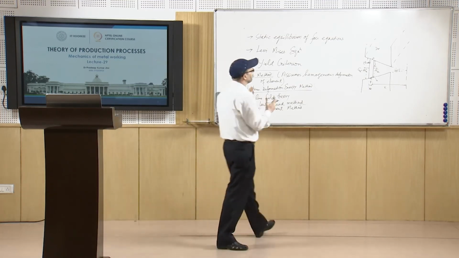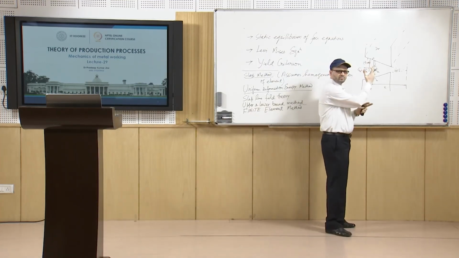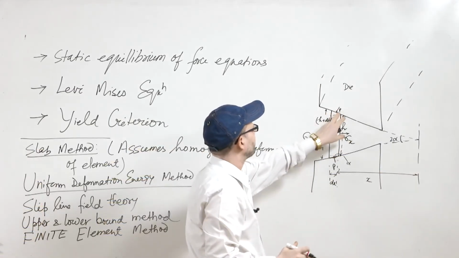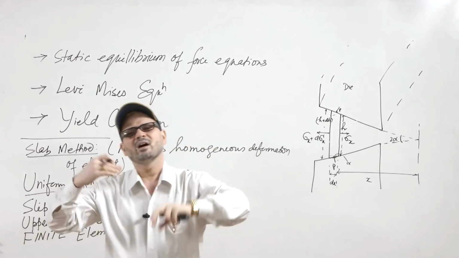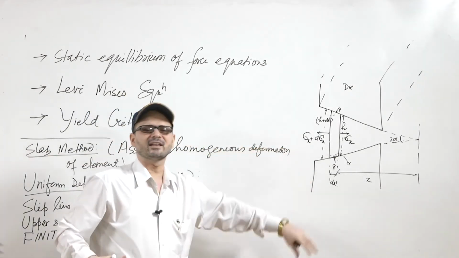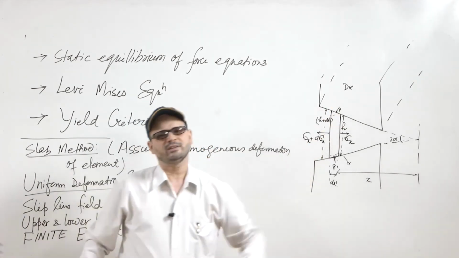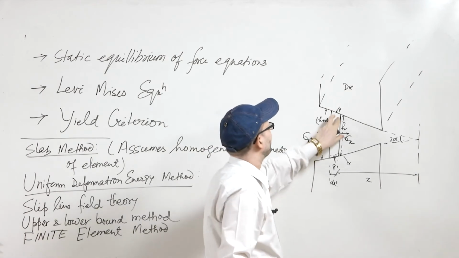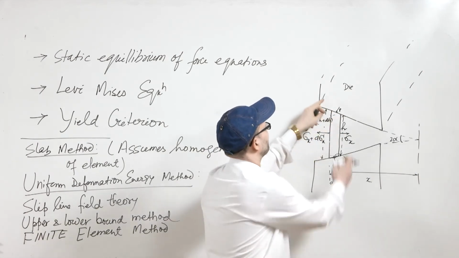Similarly, you will have force balance in the y direction. Suppose sigma y is the stress in the y direction. That basically gives you sigma y equal to P, because you will have P on this surface and P on this surface.